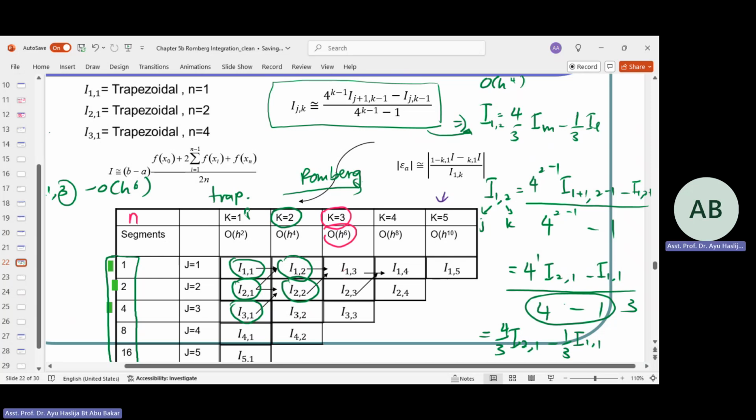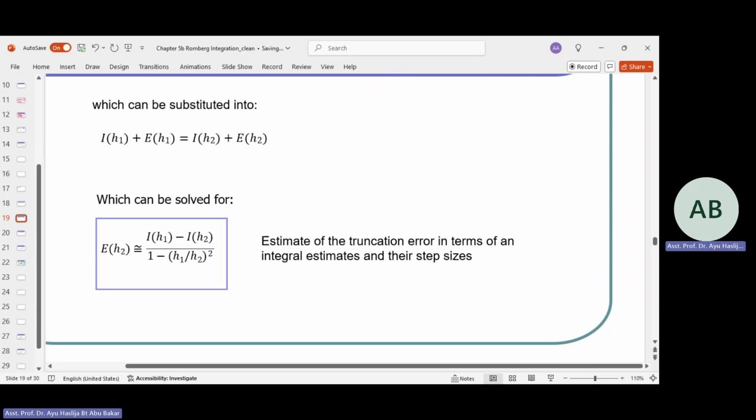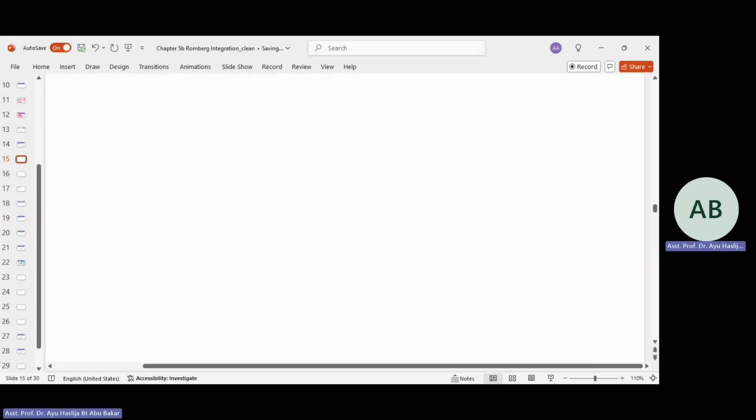So if you don't remember this equation, you can substitute into the main general equation. Easy. Yes, no worries. Easier. Okay, let's try the example. Once you know the steps, it will be easier.